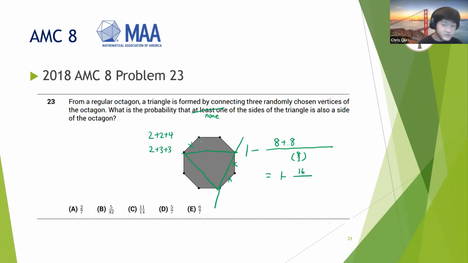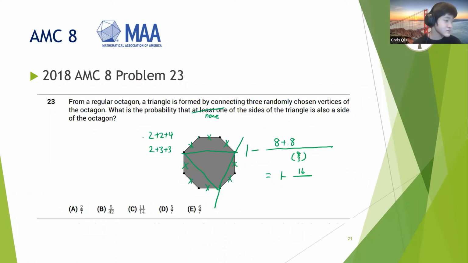And then this side cuts off these 3. This side cuts off these 3. So here we're having 2 plus 3 plus 3, which are basically the number of edges of the octagon that each side of the triangle cuts off. So this side cuts off 2, and these 2 sides cut off 3 edges of the octagon.